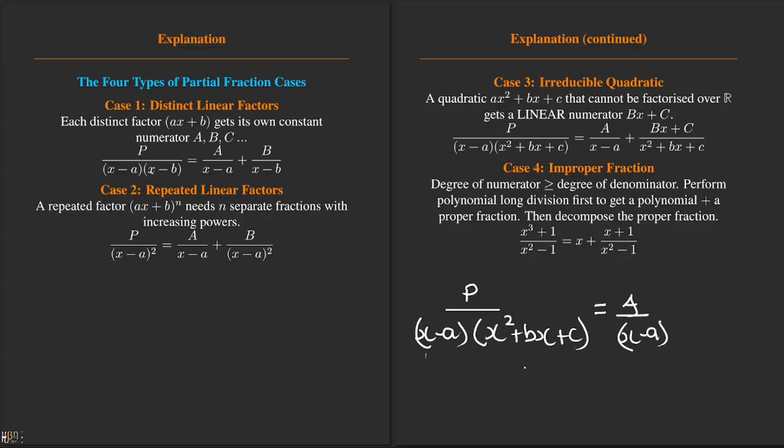Hence, we can't factorize. For such, after you have given a constant to the linear factor, you then say plus Bx plus C all over the irreducible factor, so that is your x squared plus bx and then plus c.